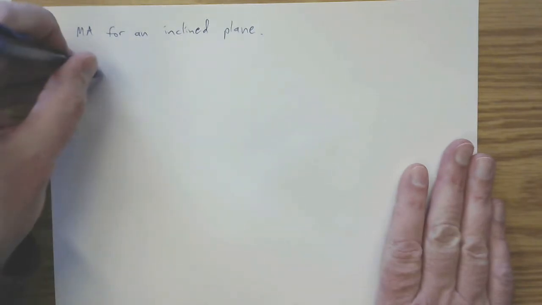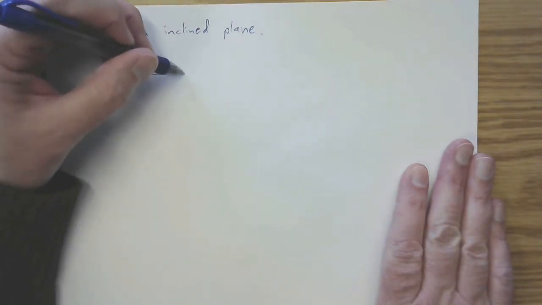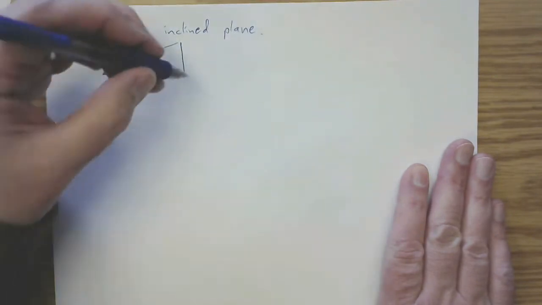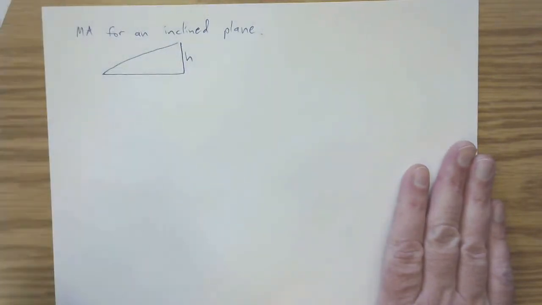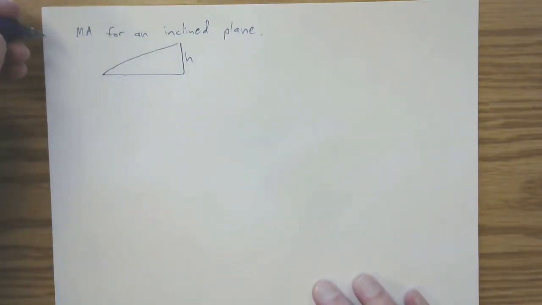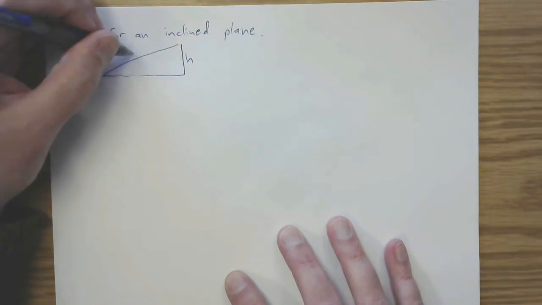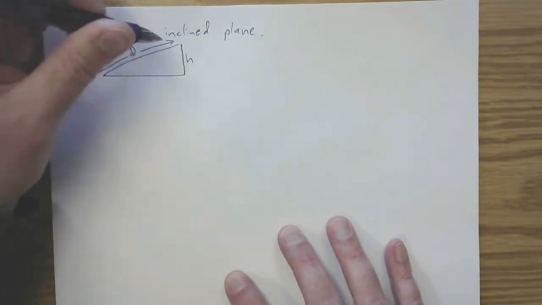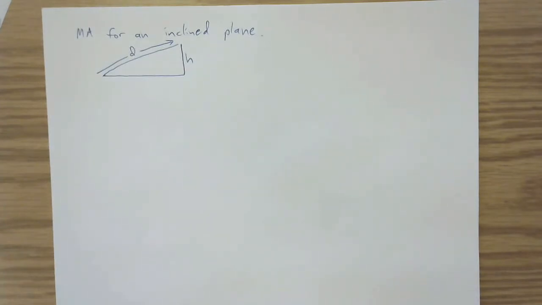An inclined plane is a ramp. And the idea is that instead of lifting some heavy object a height h, you want to roll it up some ramp. So you want to go up the ramp some distance like that, and intuitively, that's going to be easier.